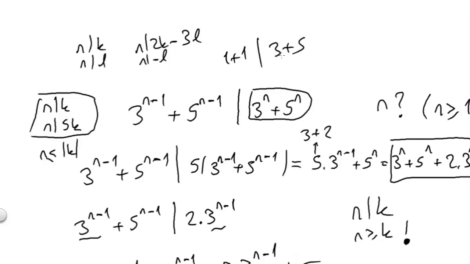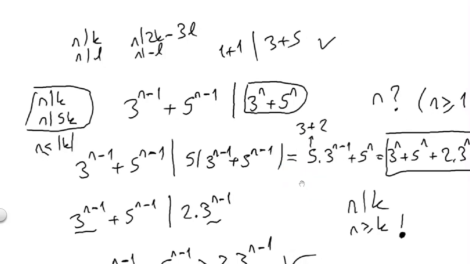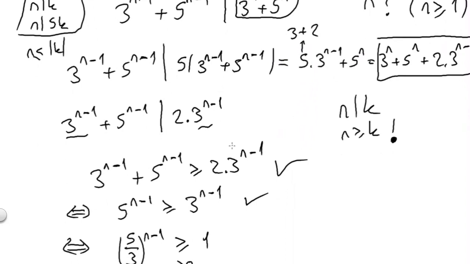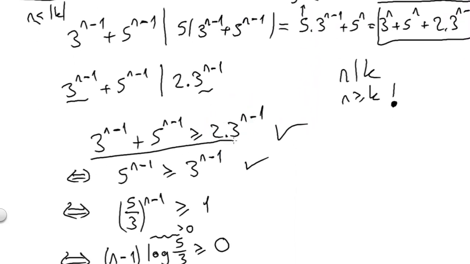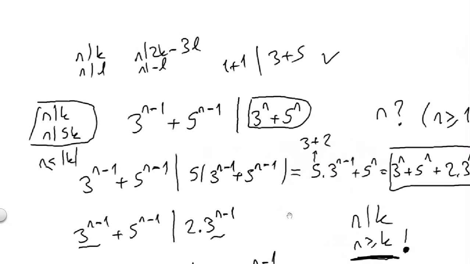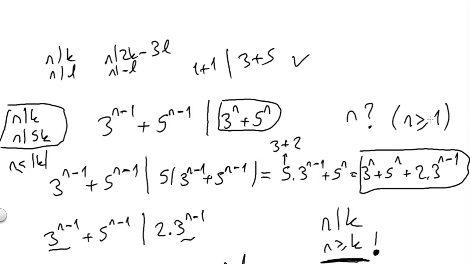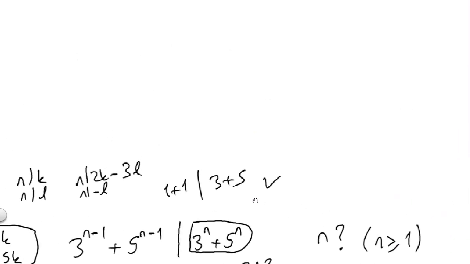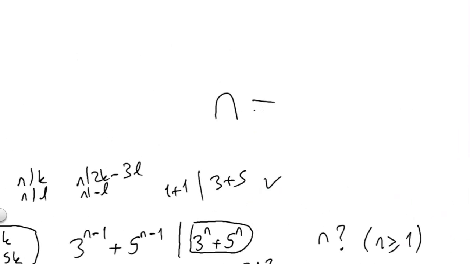Yeah, 2 divides 8. So this is actually true for n equal to 1, but anything bigger than that will not satisfy this thing. So I know that there is no solution n bigger than 1. So we find that our answer is just n equal to 1.